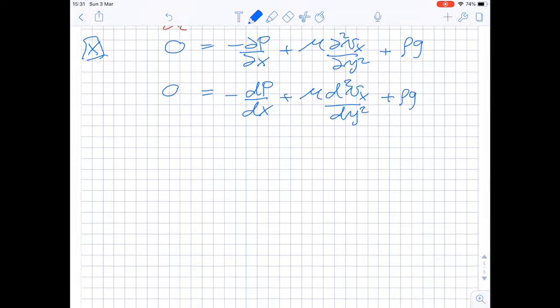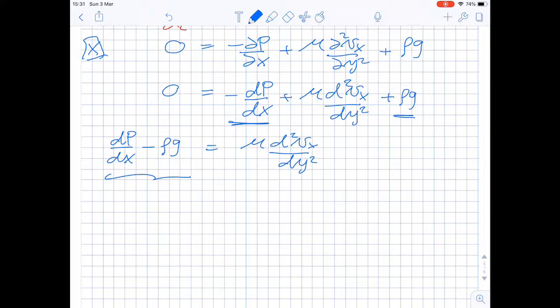Then, if I take pressure term and gravity term to the left hand side, I will get dP by dx minus rho g equal to mu d squared Vx by dy squared. And you should realize term on the left hand side are function of x only.